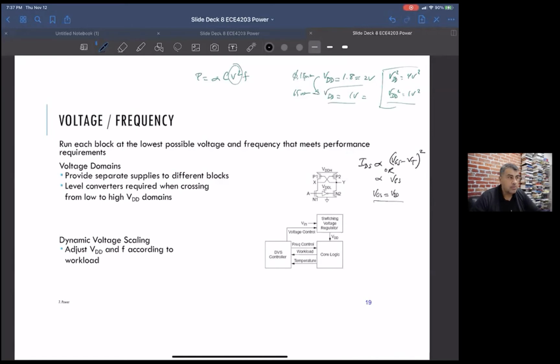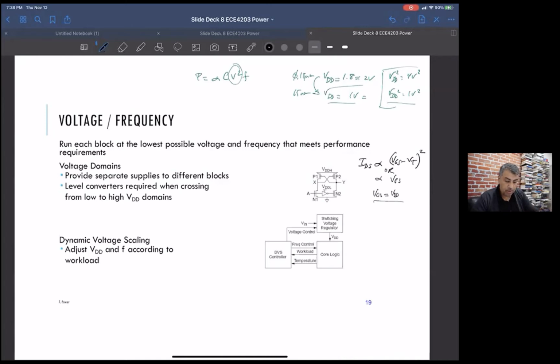A lot of times your I/O circuits, your output circuits, need to be at 3.3 volts or 1.8 volts, or whatever the standards are outside the chip. And your core inside the chip is running at 1.2 volts or 1.8 volts, or 1 volt, wherever you're at. So that's great.